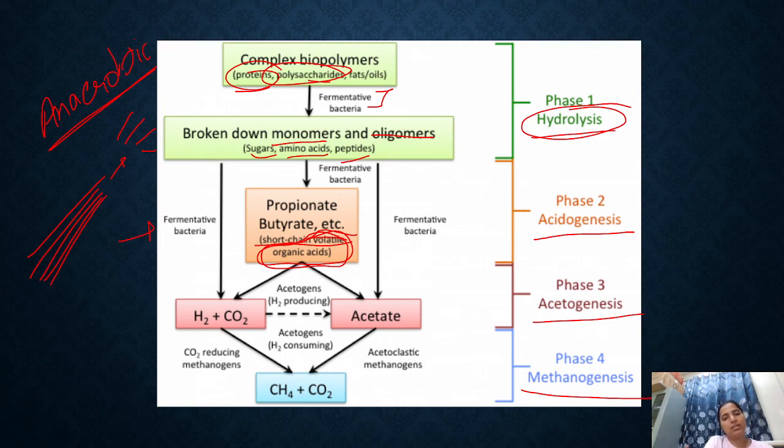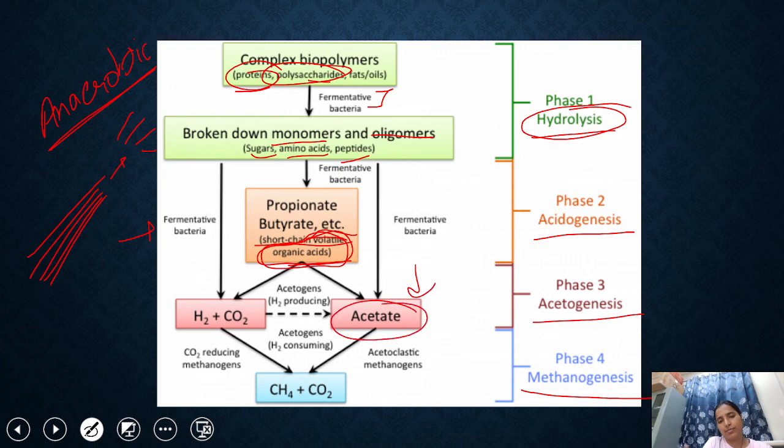Then this acidic form is converted into acetate form, and this acetate form finally forms methane and CO2, because they can directly be removed or used.